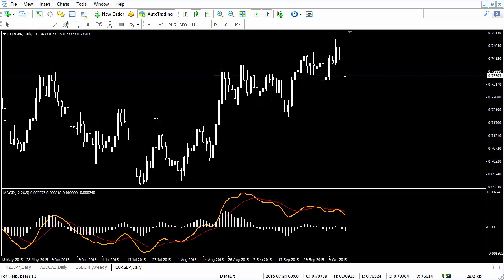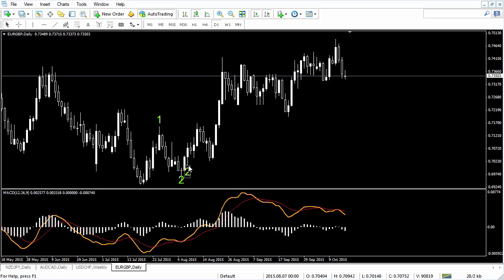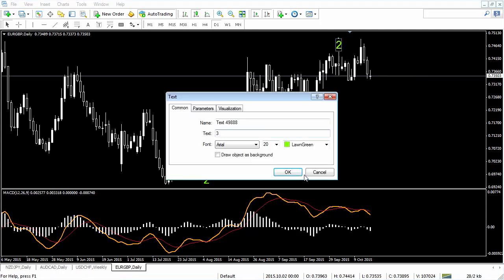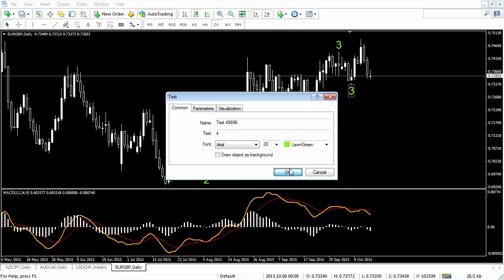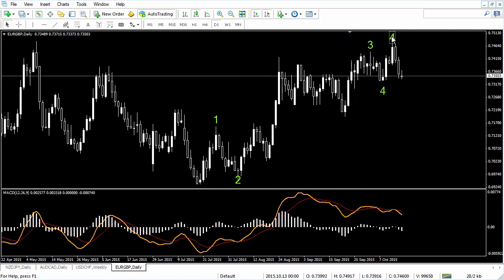If we start labeling from the bottom over here, this would be our wave 1, this would be wave 2, looking for a 5-wave move 1, 2, 3, 4, and 5 in the wave 3. After this would be the wave 4, because that was our 8th wave, and the final wave 9 would be our wave 5.